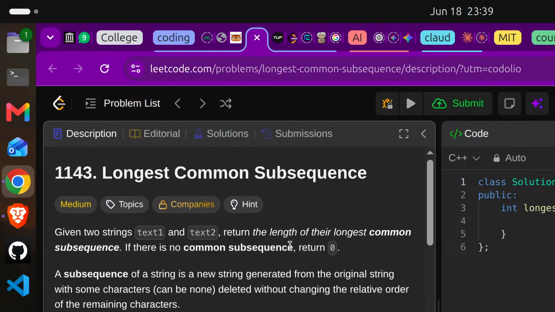If dp of I comma j is not equal to -1, return dp of I comma j, right? And for this, dp of I comma j is equal to this, right? And this is also dp of I comma j is equal to this.